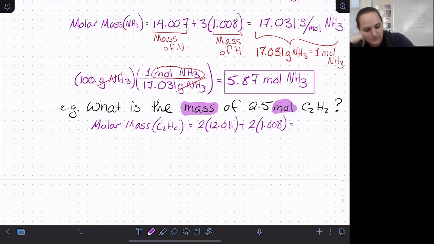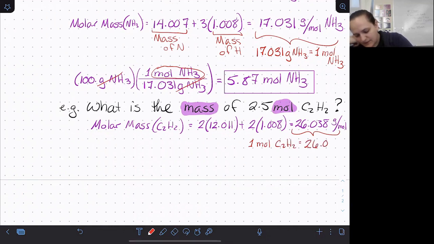So that gets us a molar mass of 26.038 grams per mole, which again is our conversion factor, telling us that 1 mole of this substance is equivalent to 26.038 grams of this substance.